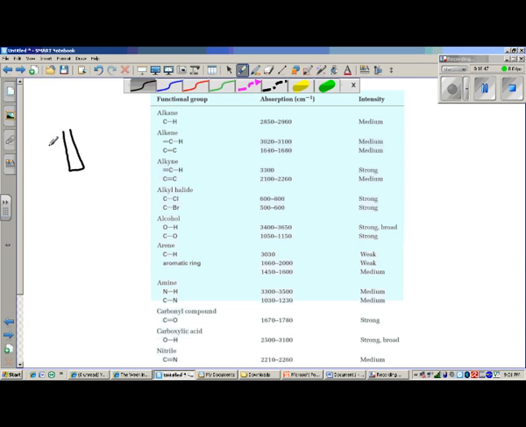Okay, so you have your sample, and you have infrared light of varying wavelengths that comes in here and goes out here. The intensity of the initial light is measured. The intensity of the light going out is measured, and these two are compared.